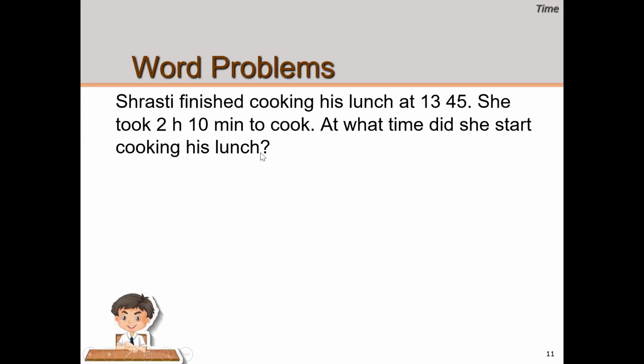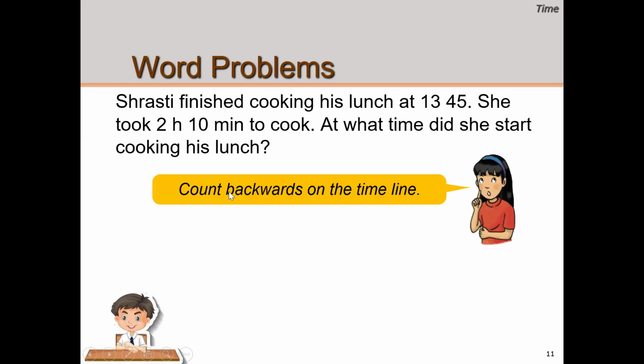Next question. Shrishti finished cooking her lunch at 1345 hours. She took 2 hours 10 minutes to cook. At what time did she start cooking her lunch? Let us again use the timeline.